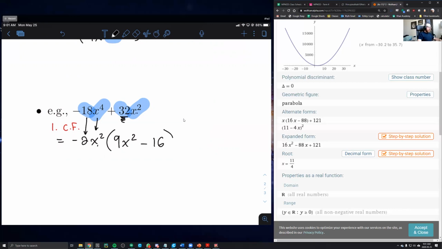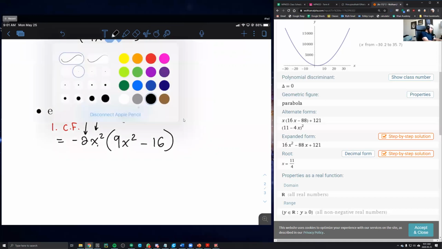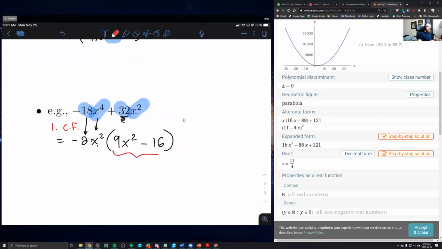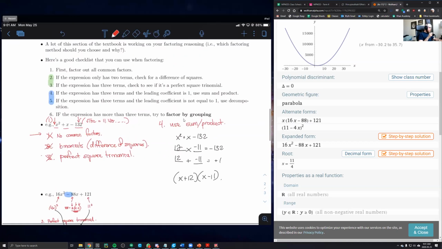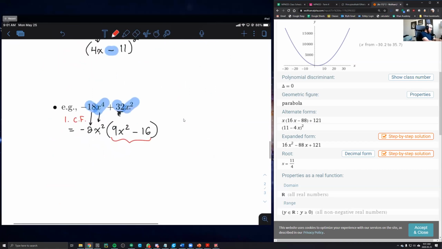So 9x squared minus 16. Hopefully you can see why I factored out a negative now. The result inside the brackets is a difference of squares. So here I come to step 2: I can use a difference of squares.